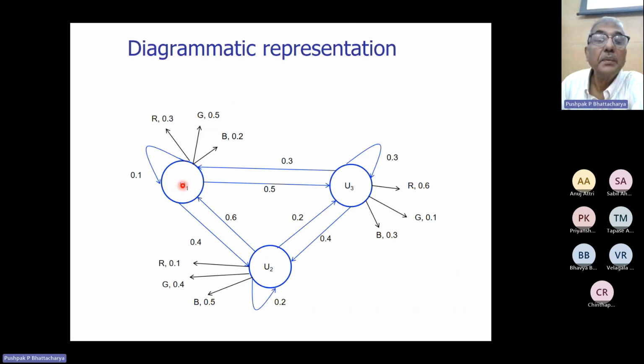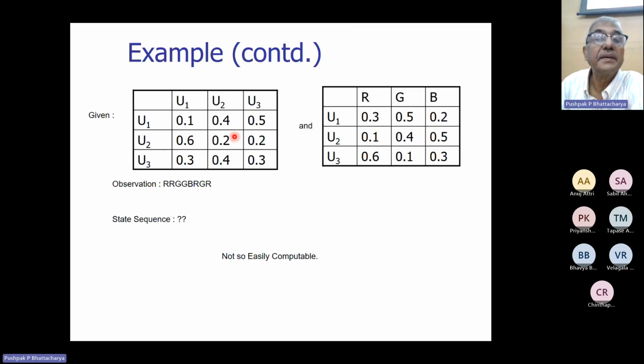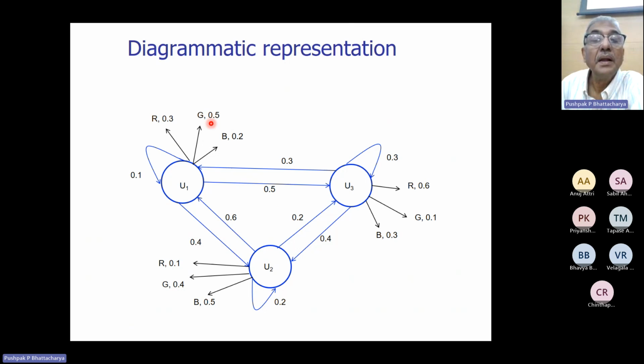First of all, we create, making use of the emission probability table and the transition probability table. Was hidden Markov model covered in any course before? No? Okay. So U1 comes back to U1 with probability 0.1. This I get to know from the transition probability table. U1 goes to U2 with a probability of 0.4. U1 goes to U3 with a probability of 0.5, all from the transition probability table.